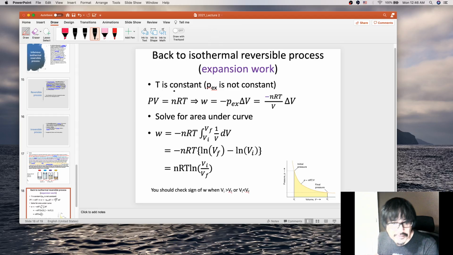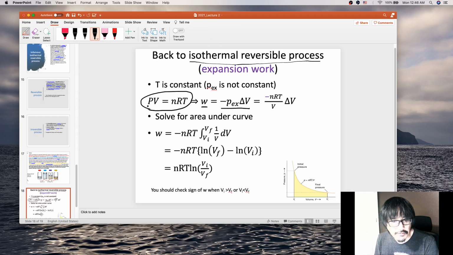Alright, so let's do the isothermal reversible process in terms of the equations. We're talking about the ideal gas. So we are going to use PV = nRT, and the definition of the work, which is the negative external pressure multiplied by the volume change, right?